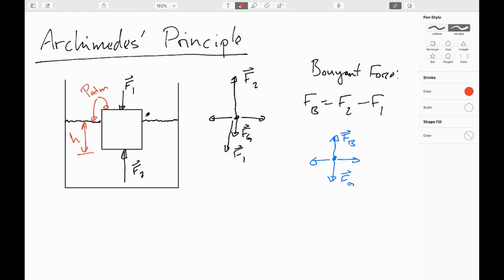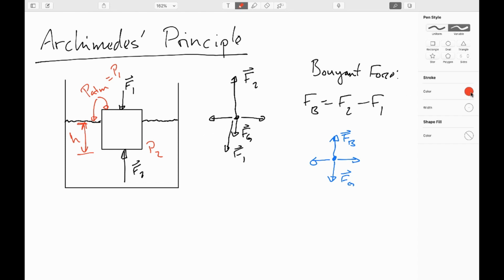So basically the variation of pressure with depth is much, much less, and so we can get away with saying that these two pressures here are the same. We'll say this is our P1. But definitely down here, this pressure P2 is greater than P1. No two ways about that.